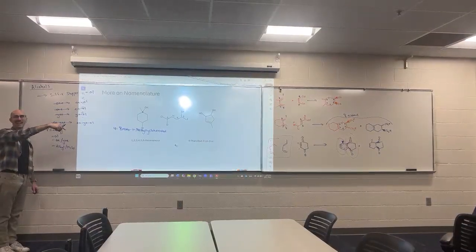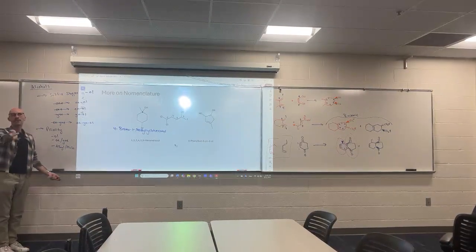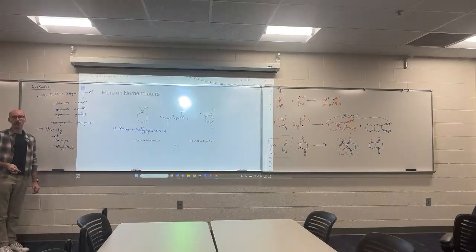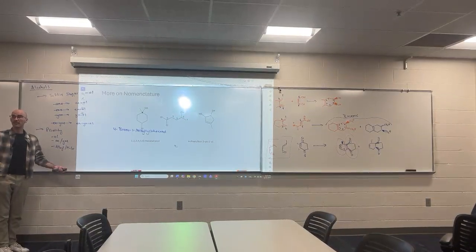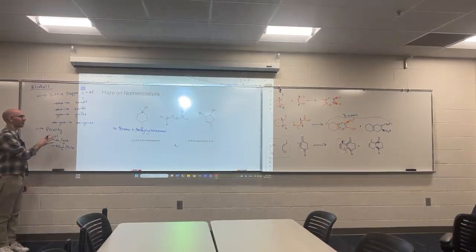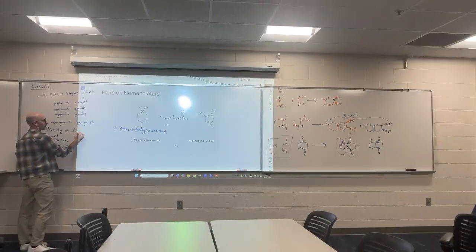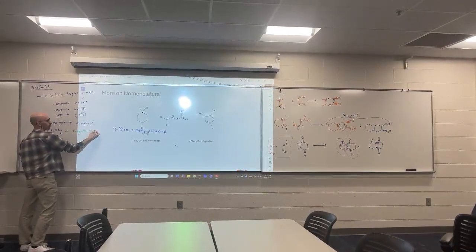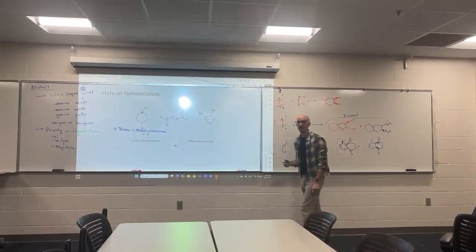I will make the secondary carbon position 1, and I will just have a methyl substituent coming off of position 1. That gives the alcohol the lowest locant possible. It gives the alcohol position 1. But it does not give you the longest carbon chain. And that's still a priority. We're looking for the longest parent chain possible.